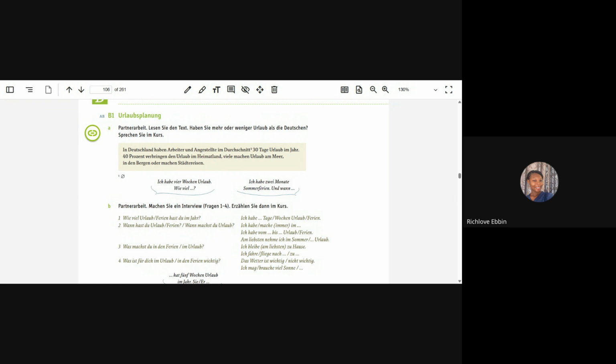Viele machen Urlaub am Meer, in den Bergen oder machen Städtereisen.